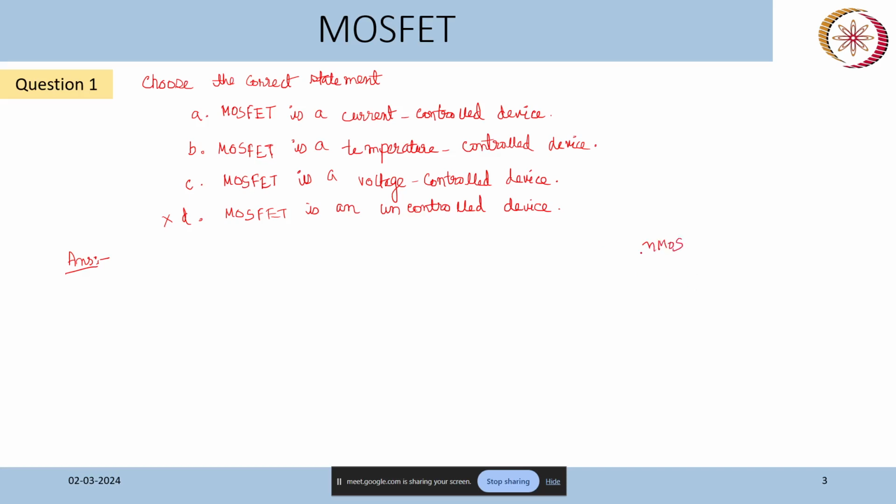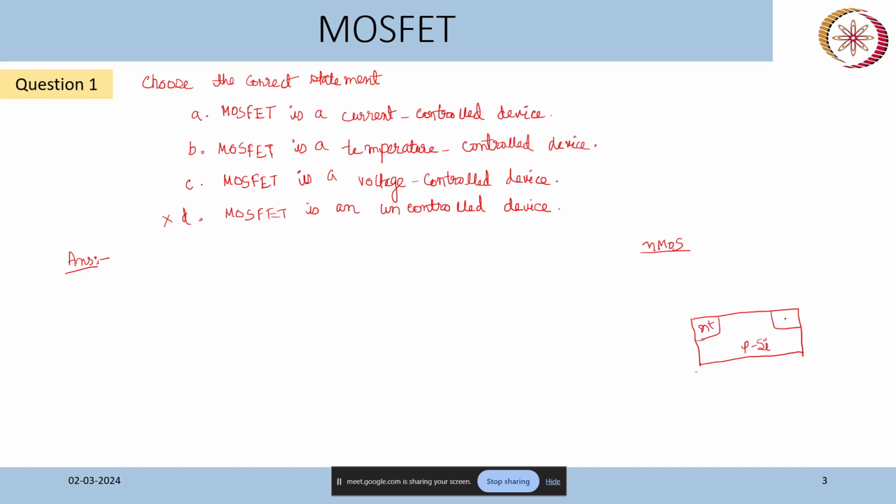NMOS. So in case of NMOS, the substrate is a p-type silicon. These are the source and drain regions.